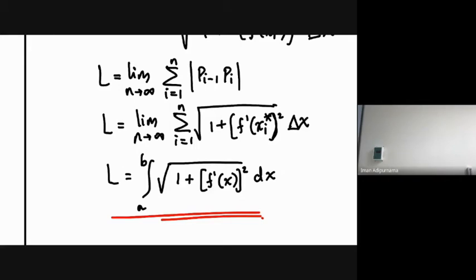That's the formal definition that we can look up.